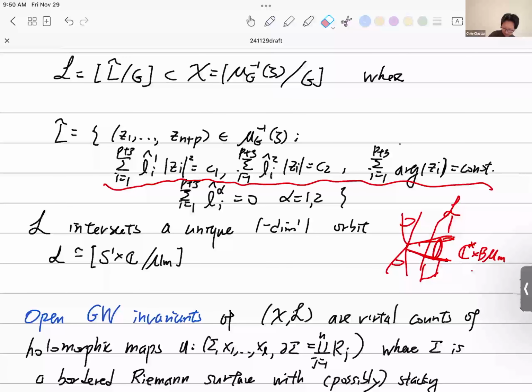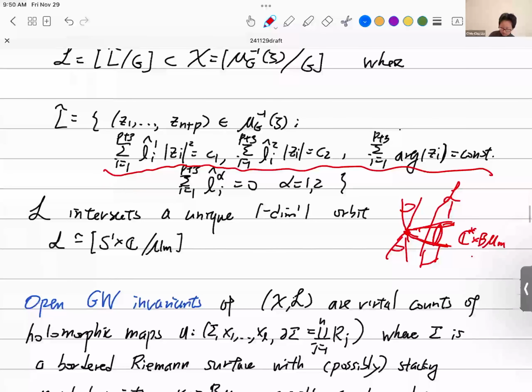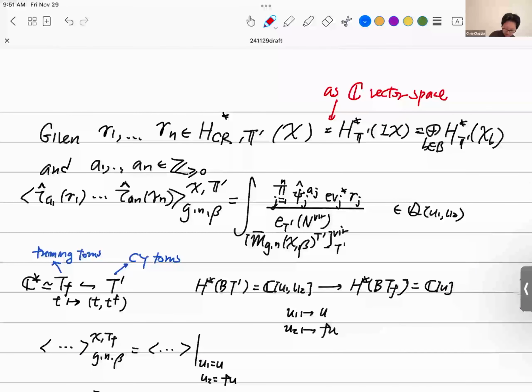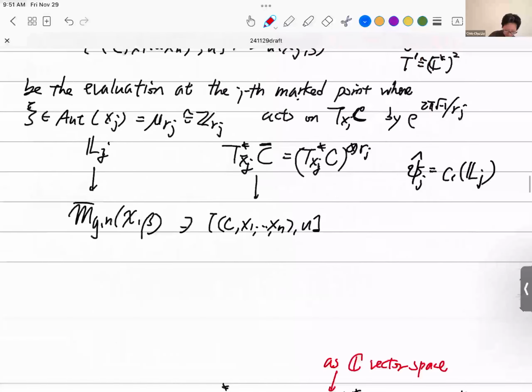The stabilizer at this fixed point can be larger, but the orbit is one-dimensional. The orbit doesn't include this, but in general, the one-dimensional orbit can have a, sorry.